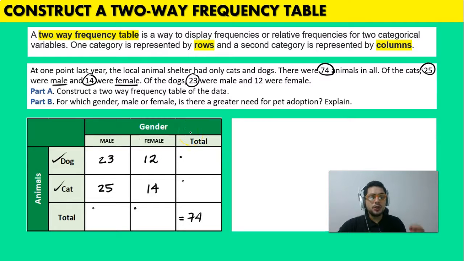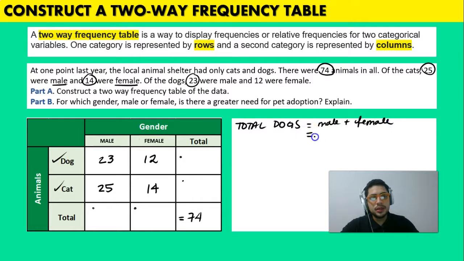Now, in order to get the values of the totals, the total of the gender is going to be for dogs and cats. So the total dogs, of course, is going to be the amount of male dogs plus the amount of female dogs. So the total amount of dogs is going to be 23 plus 12, which is 35.